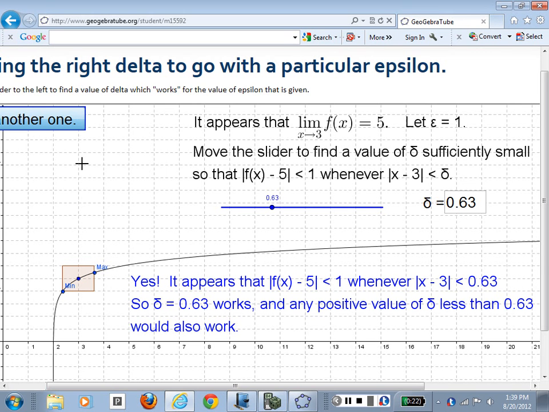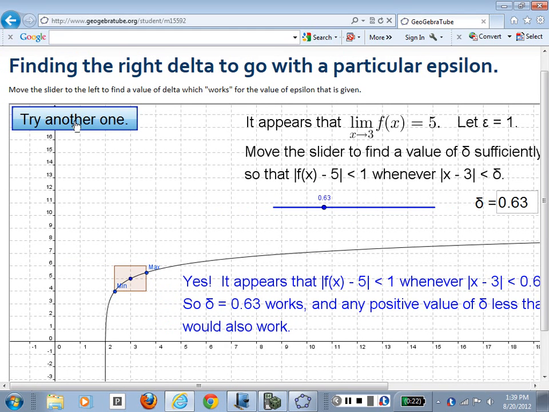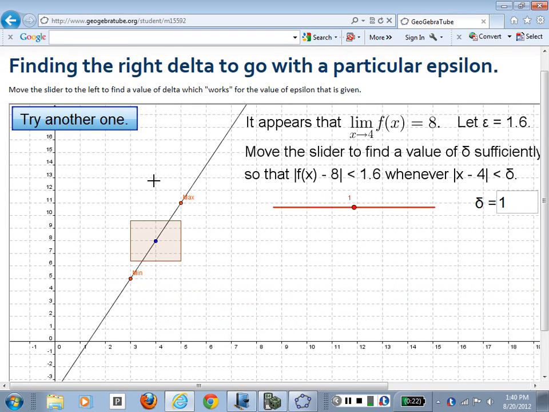So it'll recompute and give me another one. There we go. Linear one. Okay, we just did this. So epsilon equals 1.6. Unfortunately, the slope of this is 3, I think. So we'd want to take the 1.6 and divide it by 3. What's 1.6 divided by 3? 0.53 repeating.